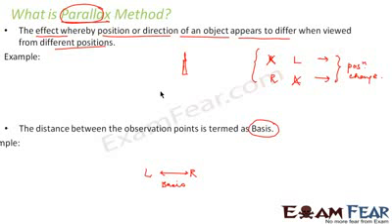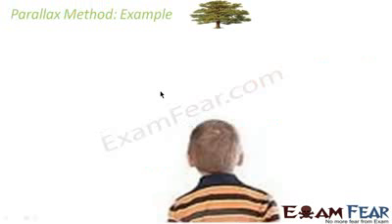Now we will take an example and see how we apply the parallax method. Let us suppose Ronnie is standing here and he wants to estimate the distance of a tree which is very far away from him. It is not possible to measure this distance using a meter scale because this distance is greater than 100 meters.